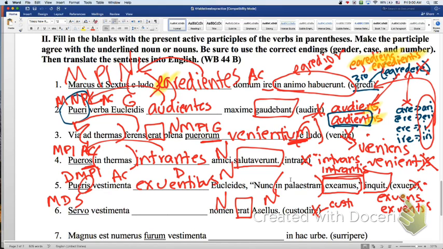So I have custodire, custodiens, custodientis. What would the masculine, dative, singular ending be in the third declension? Custodienti, right, with an i? So you'd say Acellus was the name for the slave guarding the clothes.